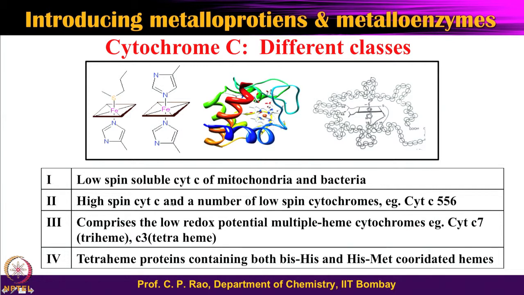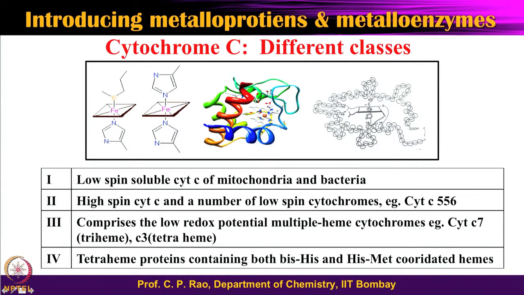High spin cytochrome C and a number of low spin cytochromes are found in the cytochrome C 556. What is 556? It is the absorption maximum wavelength, 556 nanometer. So, now I have explained, I will not explain later on. For the cytochrome C I have shown you, the number that comes next to it is the absorption wavelength.